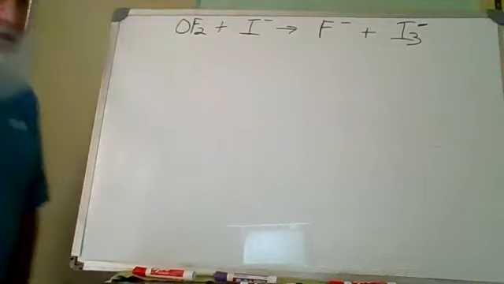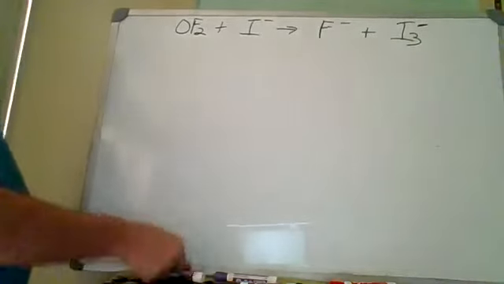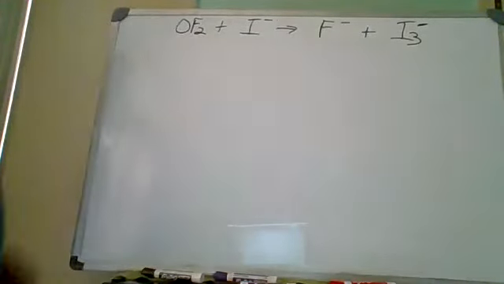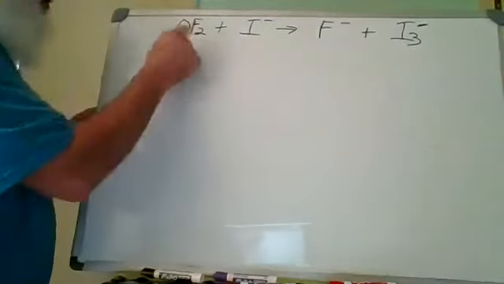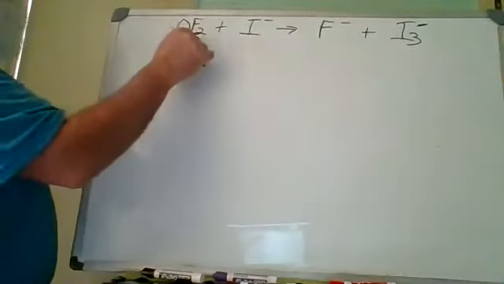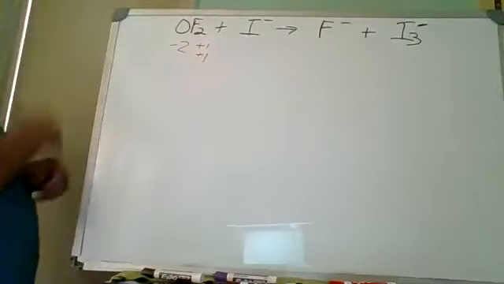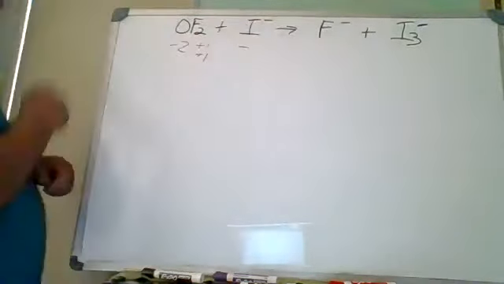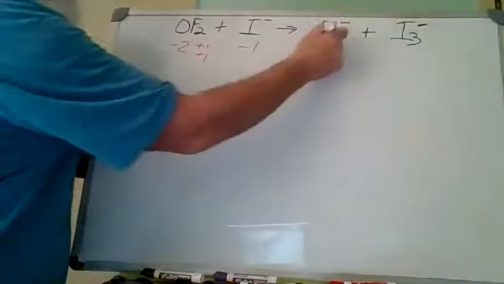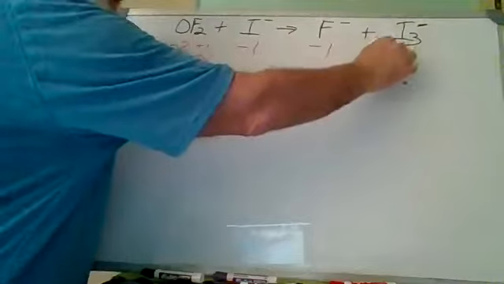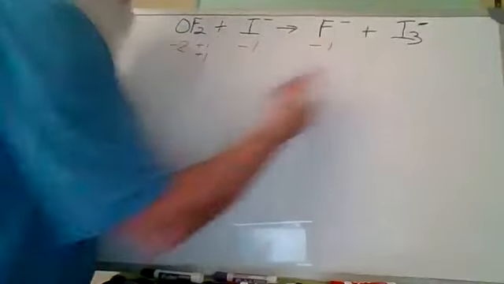All right. Let's start writing some oxidation numbers. I don't have this one worked out, but I think we should be able to do this one. Oxygen's -2. That means each of the fluorines are +1. Here, the iodine is -1. The fluorine is -1. Now, I have 3 iodines added together must equal -1.